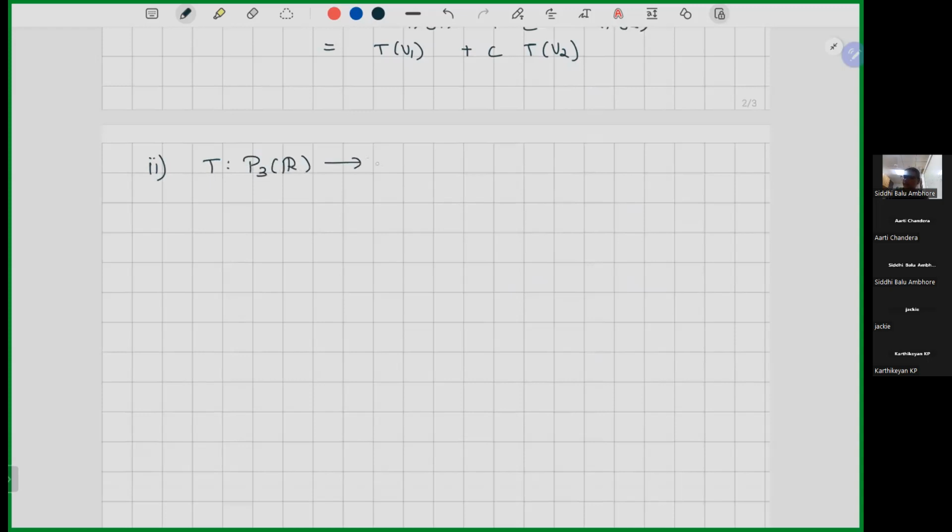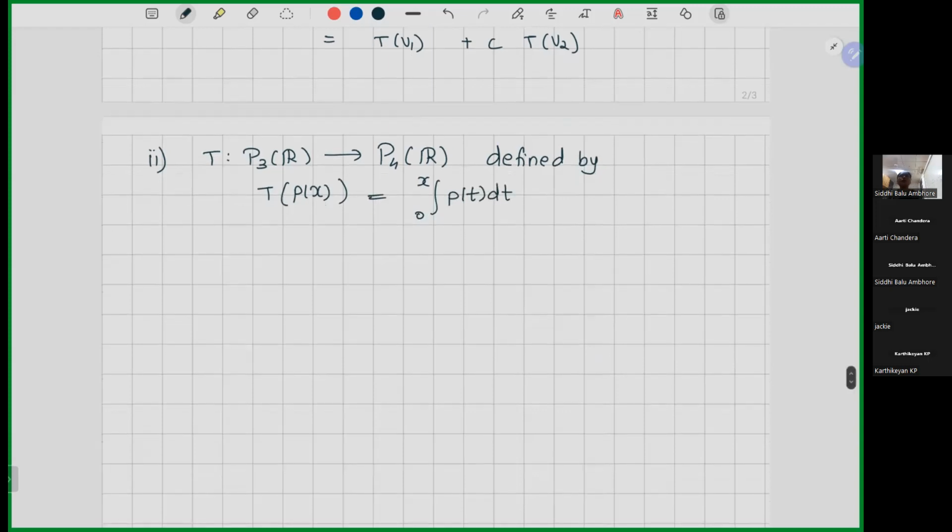P3R is the set of all polynomials in variable x of degree 3 or less, and P4R is again polynomials of degree 4 or less in variable x. Okay, and our map is now defined by T of P of x, where P of x is in P3R, and it is the integration from 0 to x of P of t dt. Okay, so this is our map now, and we want to check whether this map is a linear transformation or not.